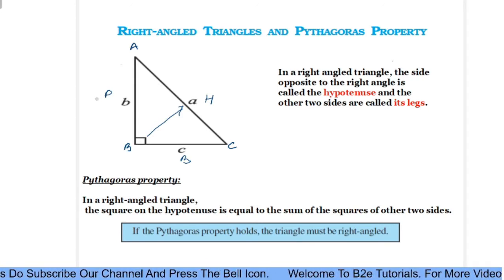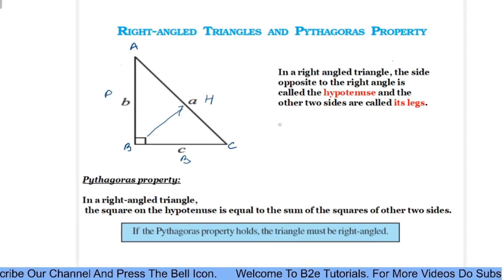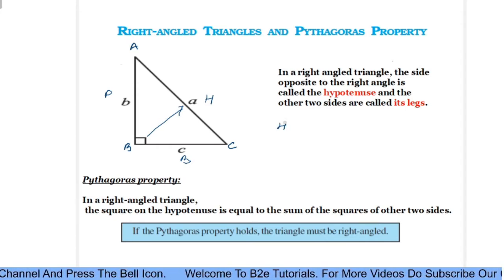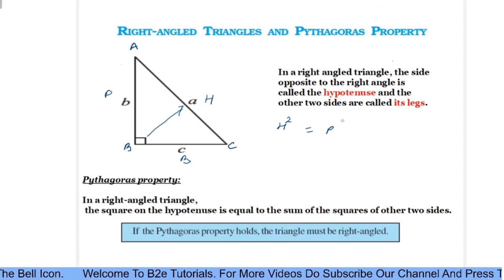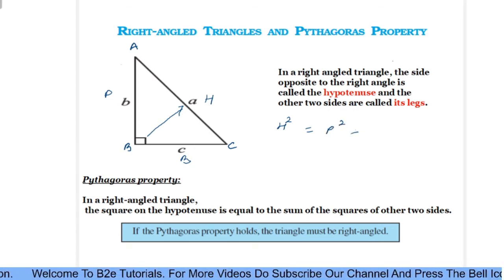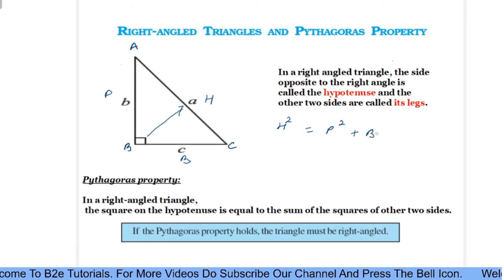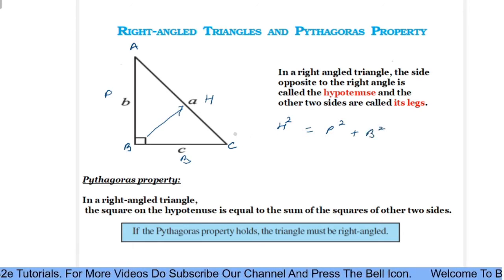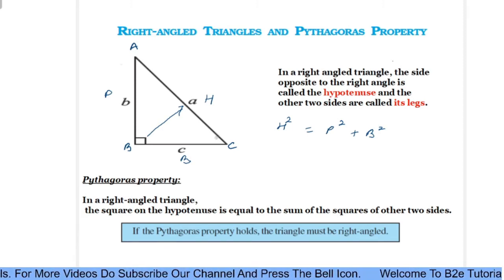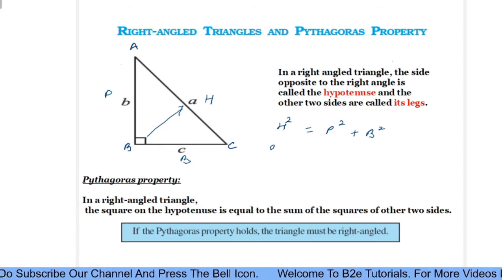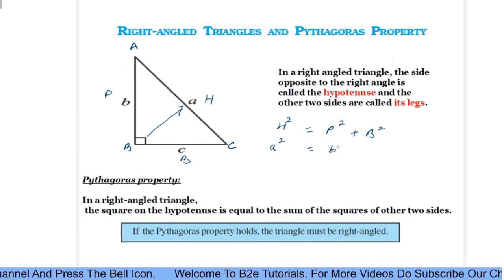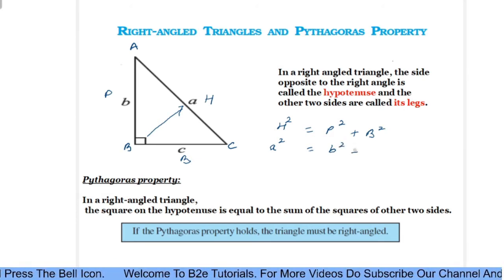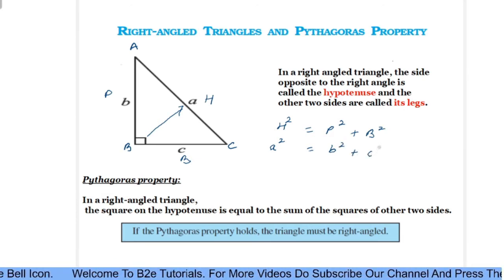So this property can be written as hypotenuse square equal to perpendicular square plus base square. If you take the symbols ABC, then it can be written as A square equal to B square plus C square.